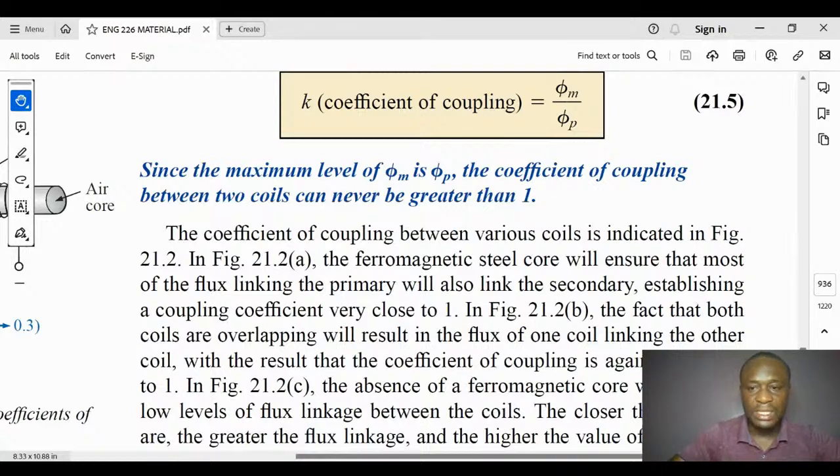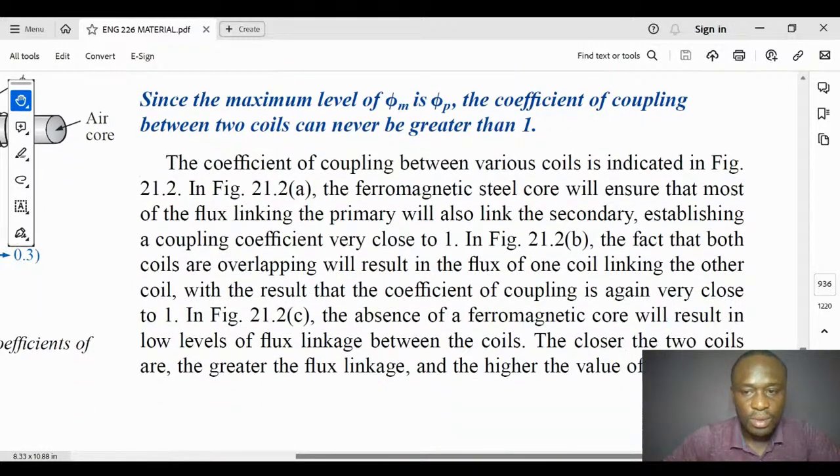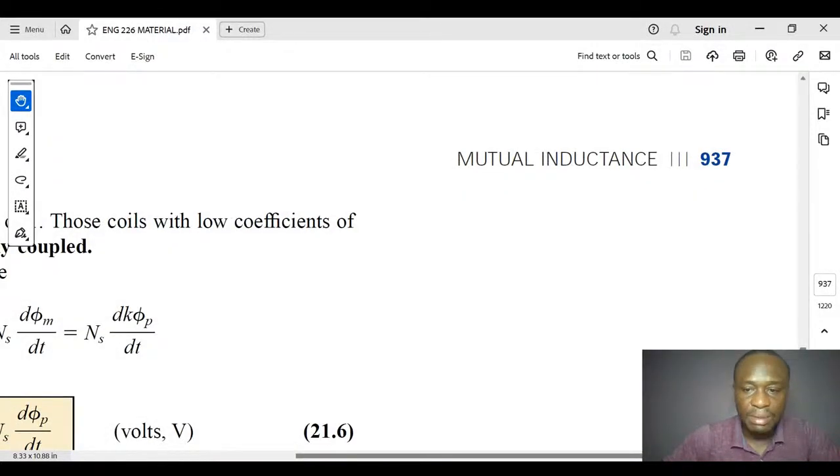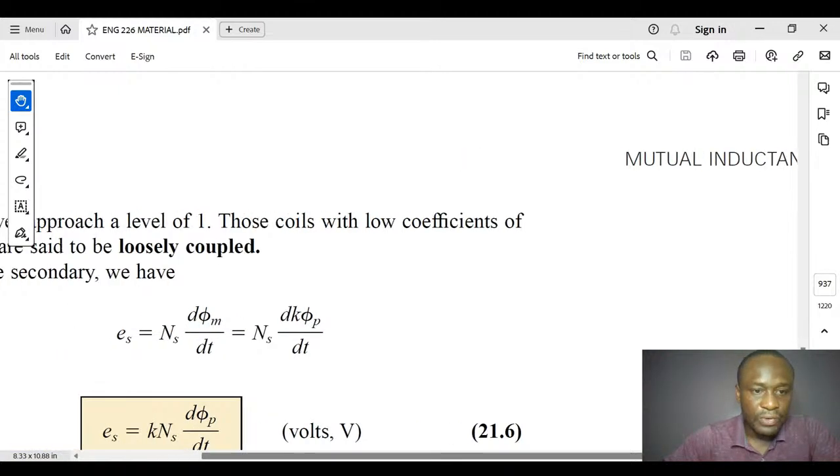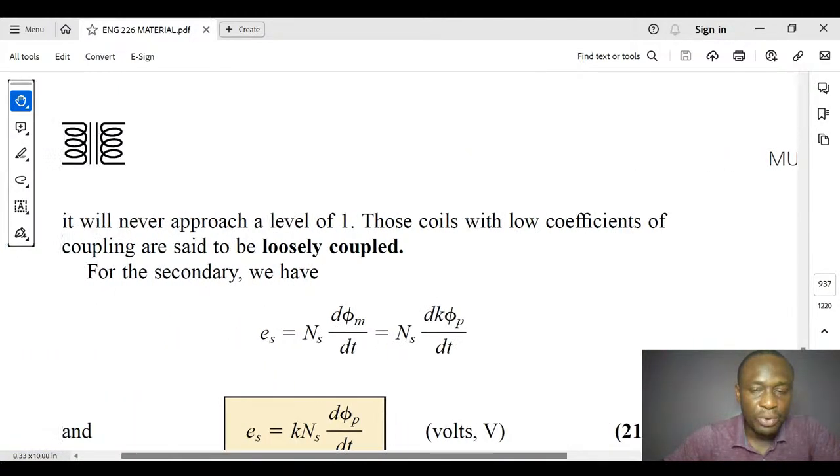It cannot be lower than 0.85. The same thing applies to this, but it is assumed that for iron steel, the coefficient of coupling is equal to 1.